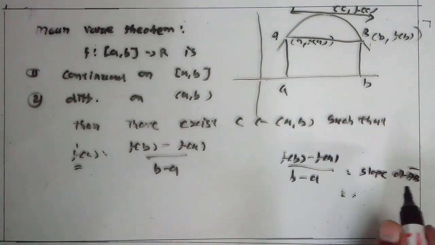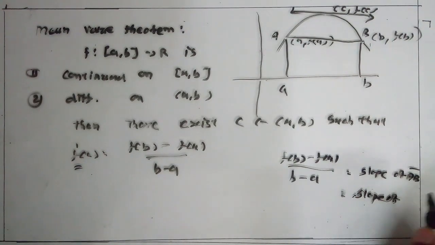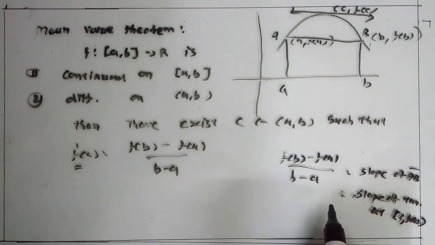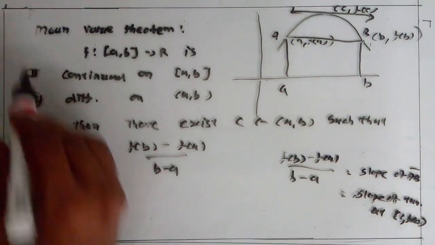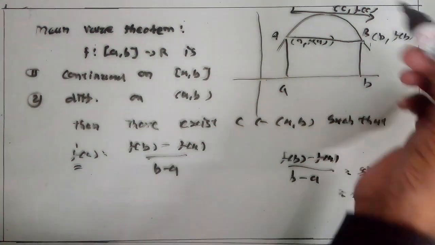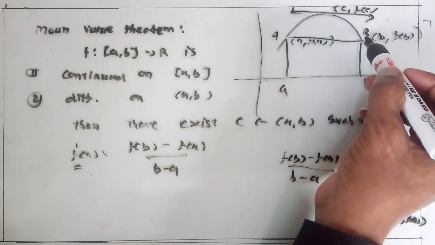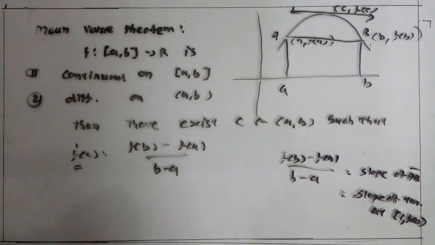So it is equal to the slope of the tangent at (c, f(c)). Both become the same. That is, from the mean value theorem, we get a point on the curve where the tangent is parallel to the line segment joining the points (a, f(a)) and (b, f(b)). Clear?